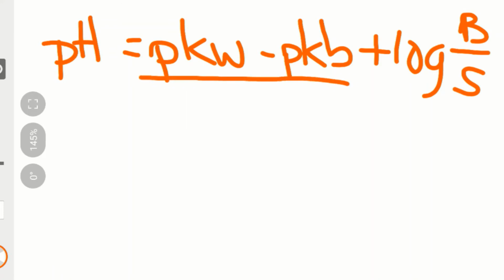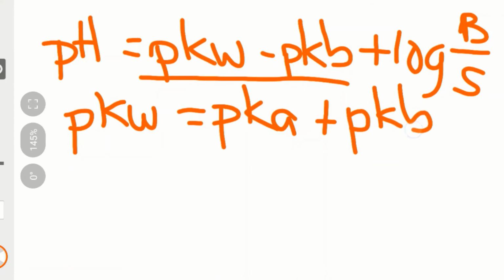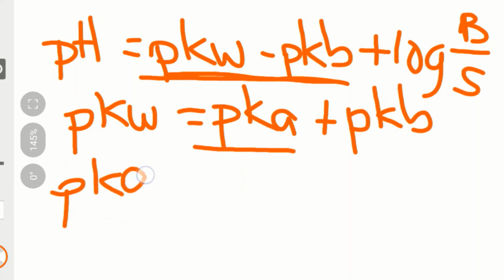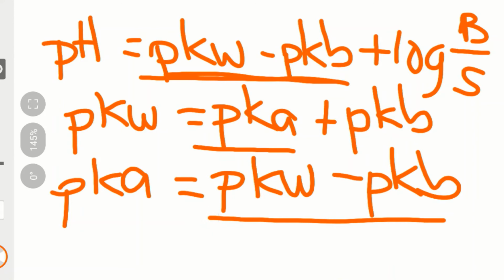This is actually just derived from this formula: pKw is equal to pKa plus pKb. So this element here represents your pKa in the original Henderson-Hasselbalch formula. In order to derive the pKa, you just have to write it as pKw minus pKb. That's how we got this element in this third formula.